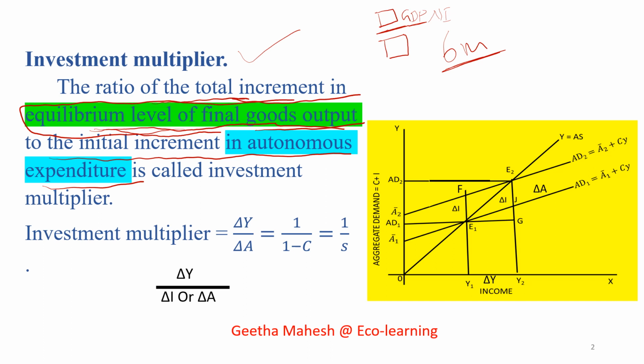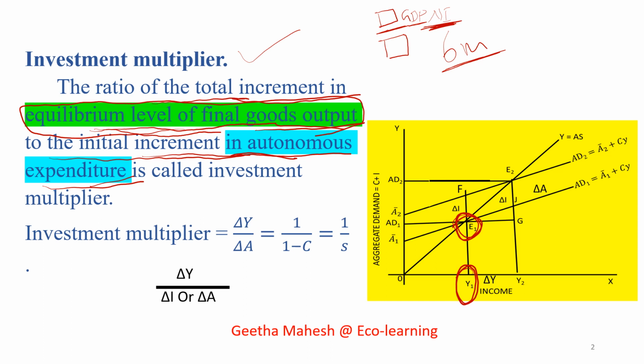Equilibrium level of final goods output means nothing but a position where aggregate demand is equal to aggregate supply, and at this equilibrium, the level of income is what we call national income, or income of a nation. So it is a ratio between the national income and the initial increment in autonomous expenditure.